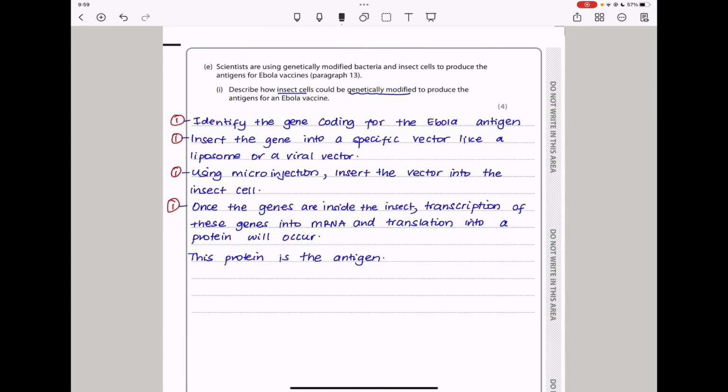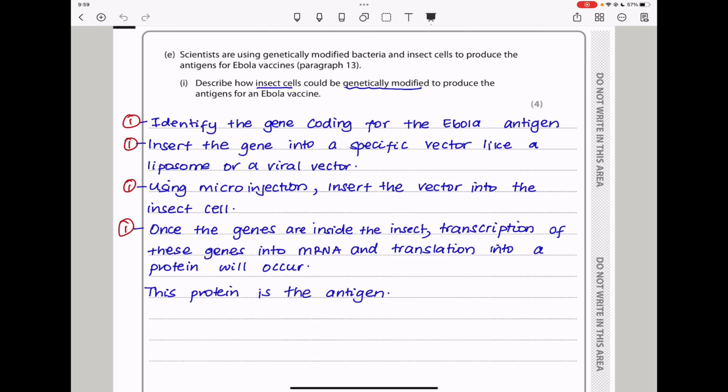Here they say scientists are using genetically modified bacteria and insect cells to produce the antigens for Ebola vaccine. Again, paragraph 13. Describe how insect cells could be genetically modified to produce the antigen for an Ebola vaccine. We need to identify the gene coding for the Ebola antigen, and then we will insert the gene into a specific vector.